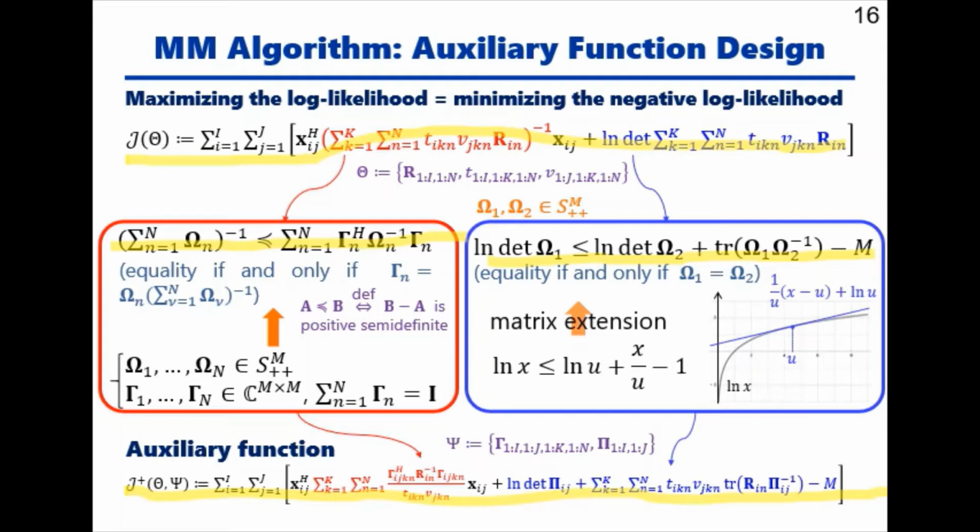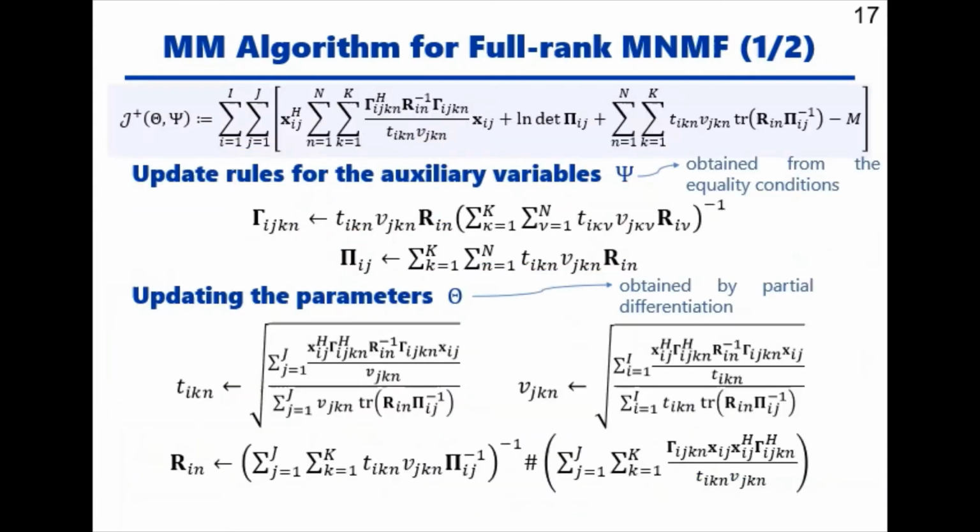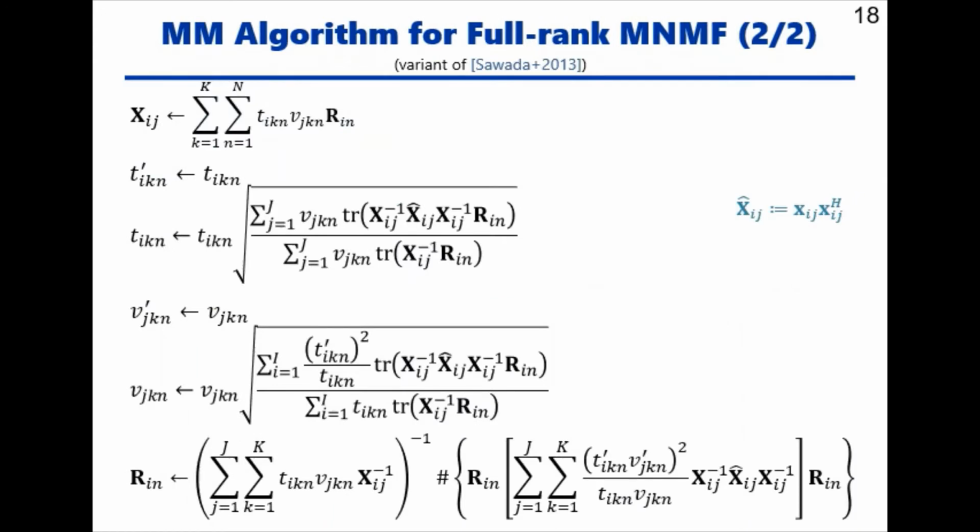The auxiliary variables psi consist of gammas and pi's. Although we are not going into details, in very much the same way as before, update rules for the auxiliary variables are obtained by the equality conditions and those for the parameters by partial differentiation. This is a pseudocode of the algorithm for full-rank MNMF.